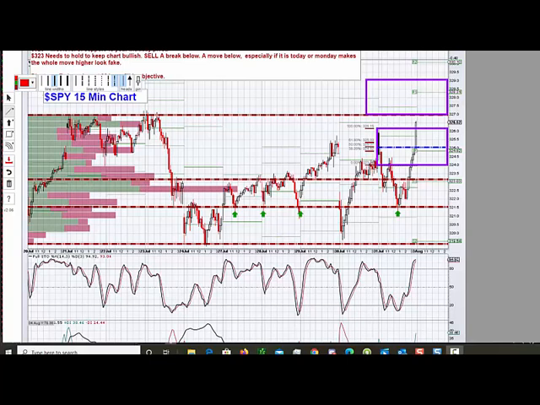If you read the pre-market note in the strategy section, we talked about having our eye on a fade. We talked about fades in the FANGs with the huge gaps below. We talked about fades on the indexes because price was at the top of the range.